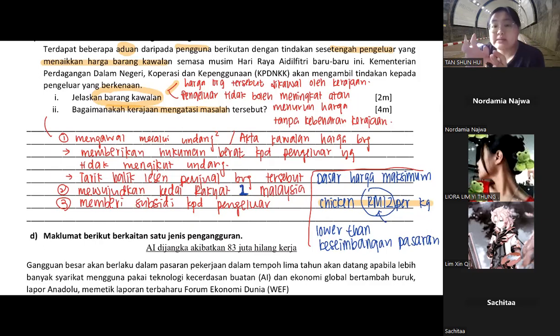Okay, dasar harga maximum. Government set a maximum price, and this maximum price normally is lower than the common price. Why? Because government wants to make sure everybody is able to buy it, at a more reasonable price. Why does government want to control the price? Because this is overpriced.